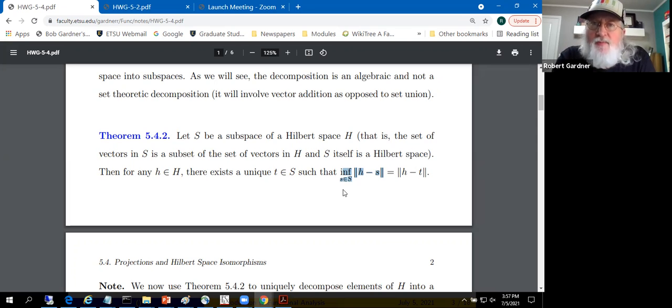That minimum, we could say, is attained at vector T, some unique vector in subspace S. In other settings, in the Promislow book I mentioned earlier, for example, T would be called the vector in set S that is closest to H, and we'd associate this as a distance between vector H and set capital S.